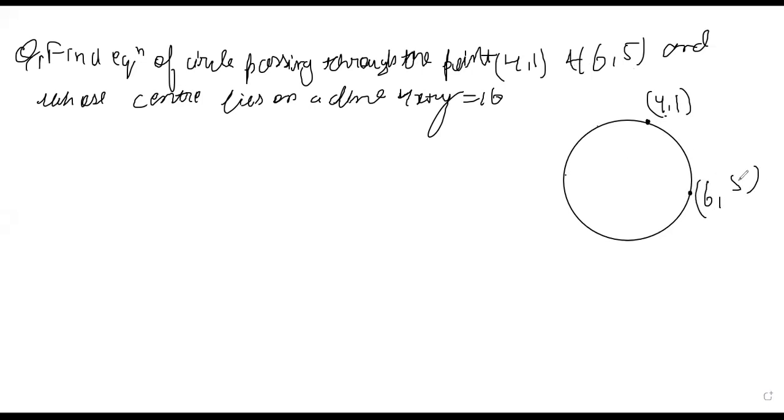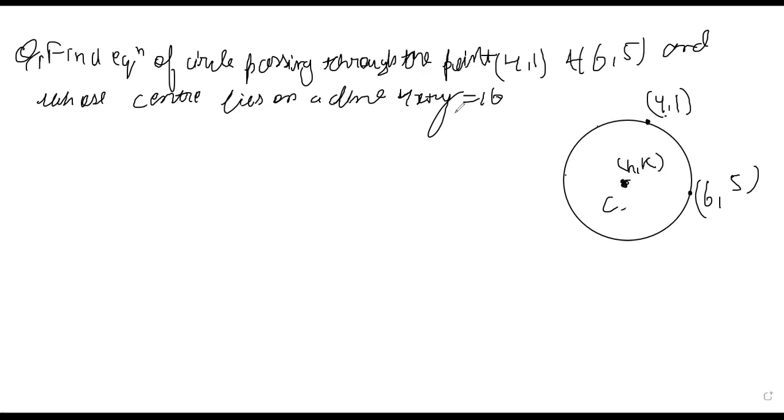That's what it is saying, passing through points 4, 1 and 6, 5, and whose center lies on a line 4x plus y equals to 16. Means the center of circle, which is C, we take the coordinates as h, k. If we don't know the values of center coordinates, then we always take the values as h, k. Okay, remember that.